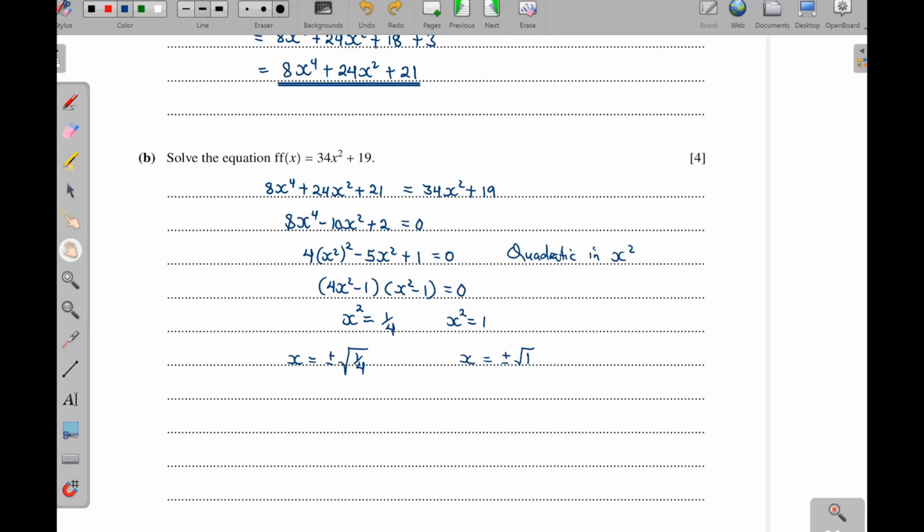So that means what we are getting here must be positive values. Okay, so this simply implies that x is going to be equal to the square root of a quarter, which is a half, and then the square root of 1 is 1. So these are our answers. If you leave your answer here as plus or minus, you're going to get it wrong. Okay, that is that.